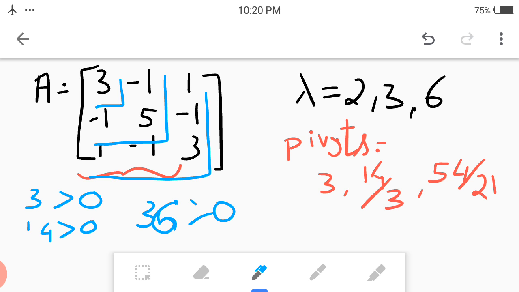So that concludes your positive definite matrix. But let's understand there's a fourth condition to check if a symmetric matrix is positive definite or not, and that's called minima.